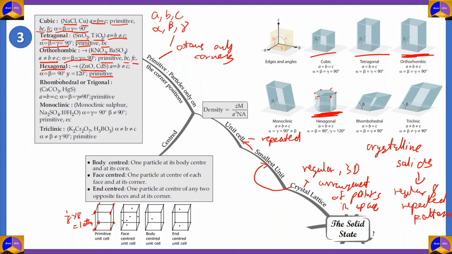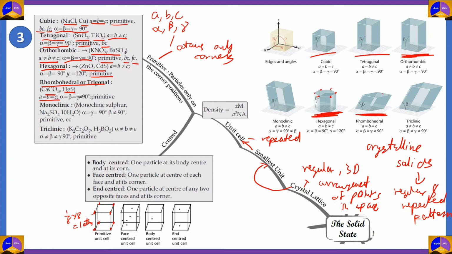Now, let's look at the next type of primitive unit cell. This is called rhombohedral or trigonal, and this is the shape here. Examples include calcium carbonate and hydrogen sulfide. The characteristic here is that all of the sides are equal. a is equal to b is equal to c. All the axial lengths are equal.